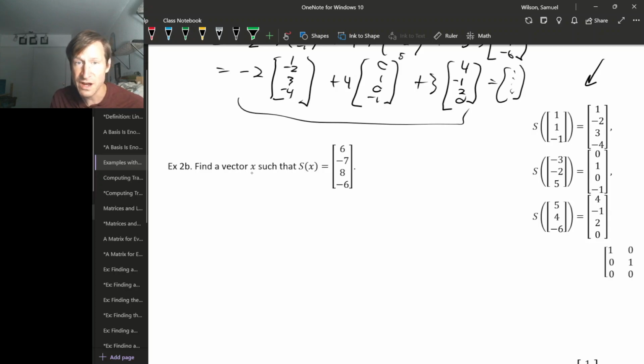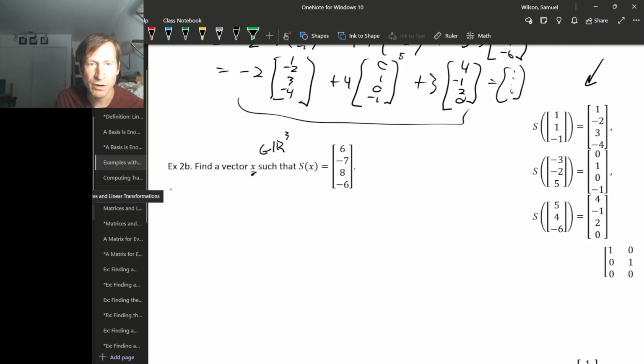So let's try to find a vector x, and this x is going to have to be in R3 since it's an input for S. So let's find a vector in R3 such that S of x is this, 6, -7, 8, 6. Well, we can proceed like we did in the previous example of this type, example 1b.